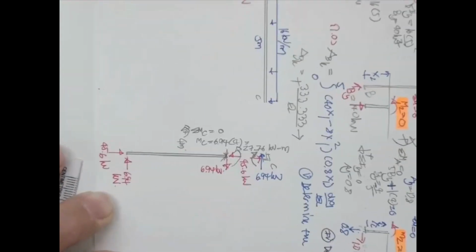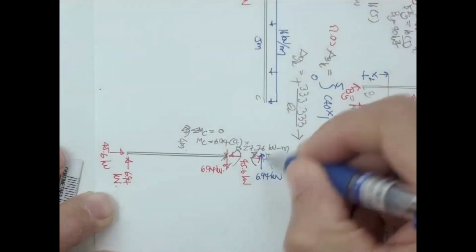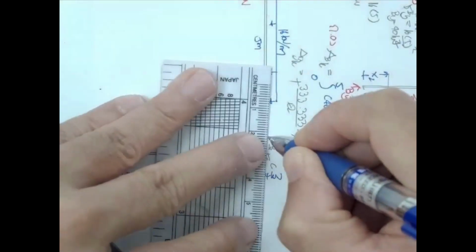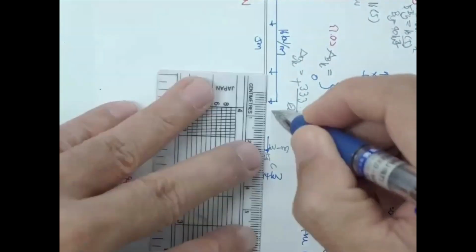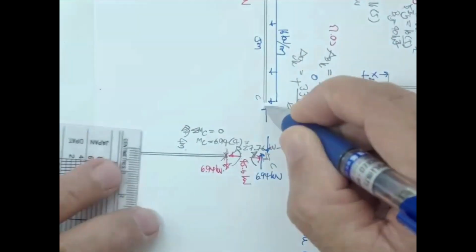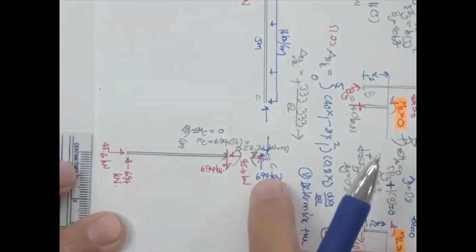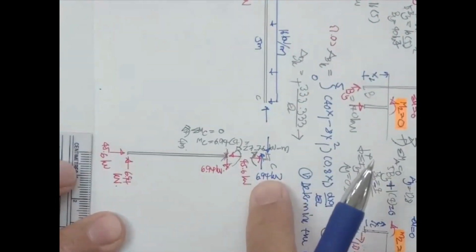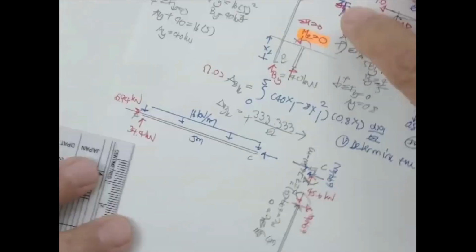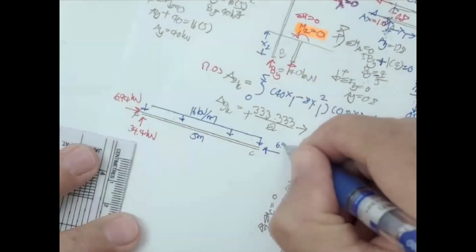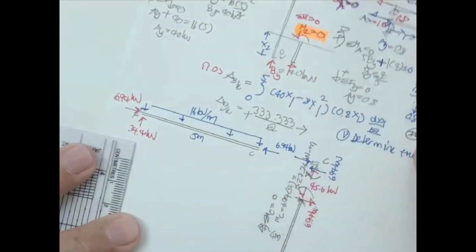Now, let me zoom in. Based on 6.94, you have to have the normal force over here and also over here. This one is going to be equal to 6.94 kilonewton.